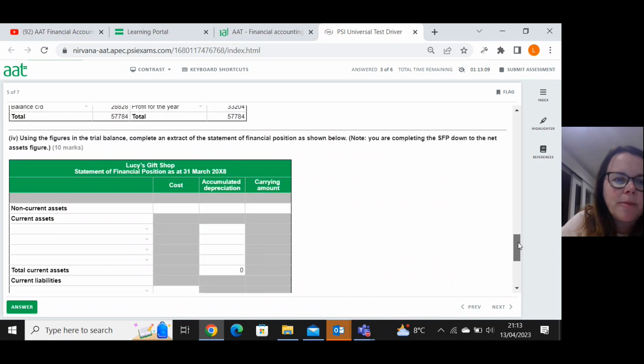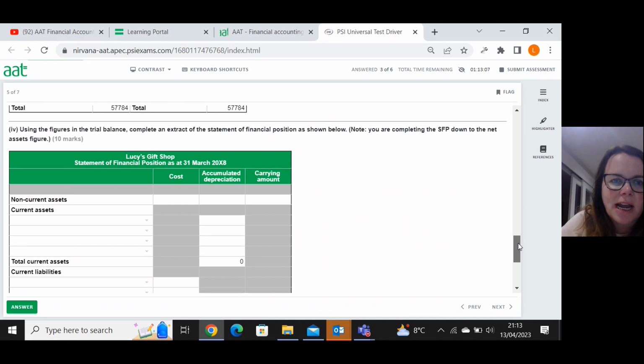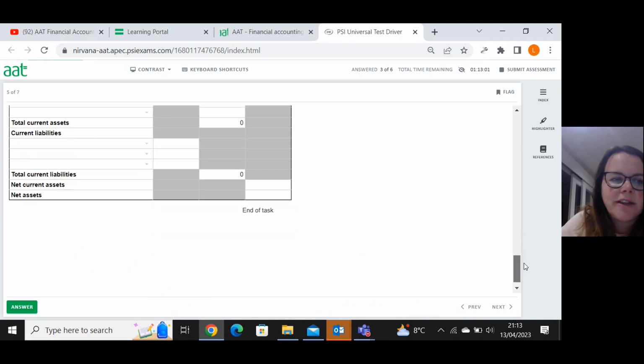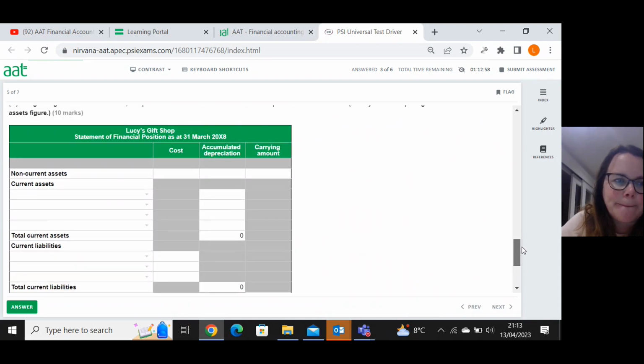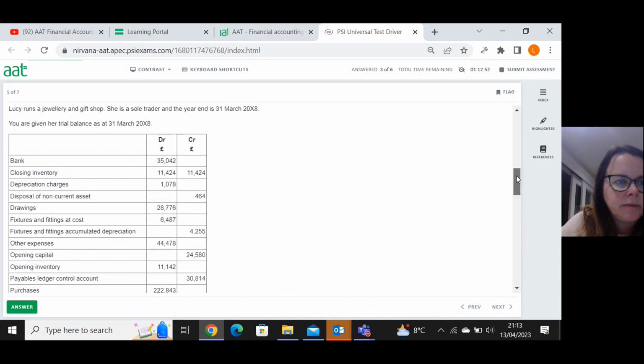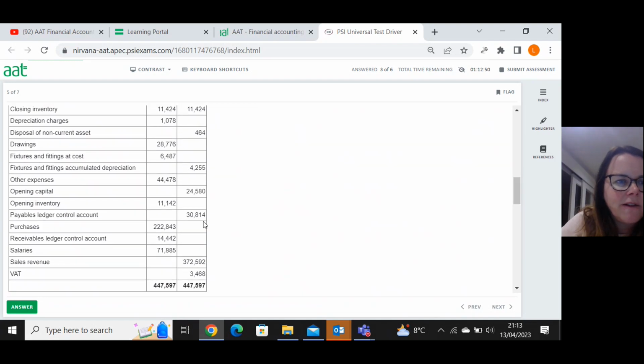Using the figures in the trial balance, complete an extract of the statement of financial position as shown below. So we're going down to the net assets figure. So, non-current assets. The non-current assets is my fixtures and fittings. I've only got one lot of non-current assets.